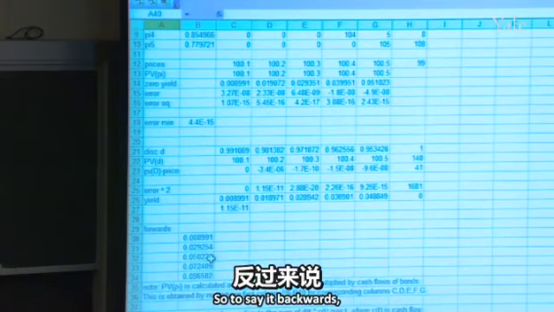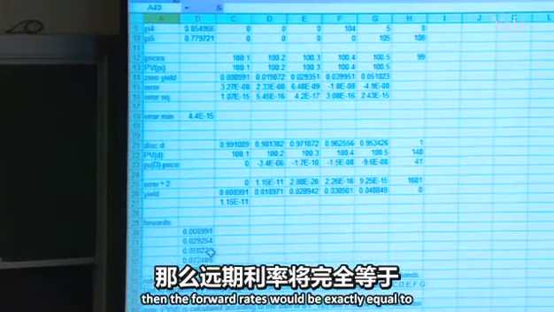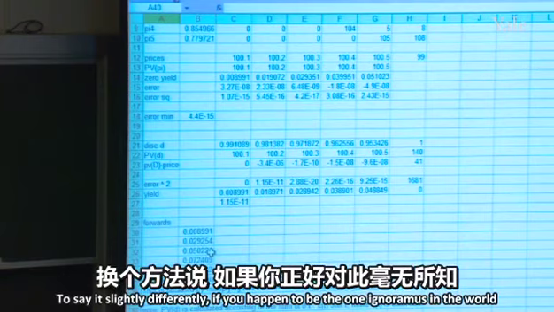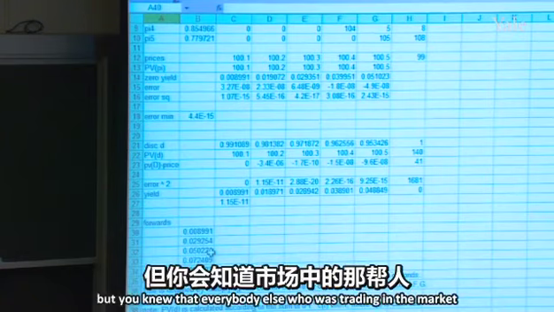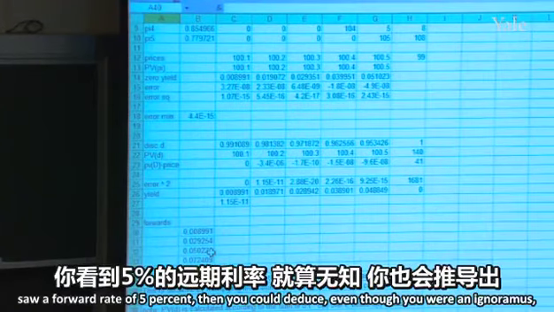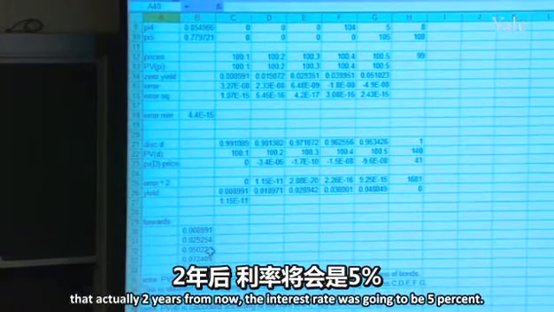So to say it backwards, if you assume everybody knows for sure what's going to happen in the future, then the forward rates would be exactly equal to what everyone is expecting to happen in the future. To say it slightly differently, if you happen to be the one ignoramus in the world who didn't know what was going to happen in the future, but you knew that everybody else trading on the market did know, and you saw a forward rate of 5%, then you could deduce, even though you were an ignoramus, that 2 years from now, the interest rate was going to be 5%.